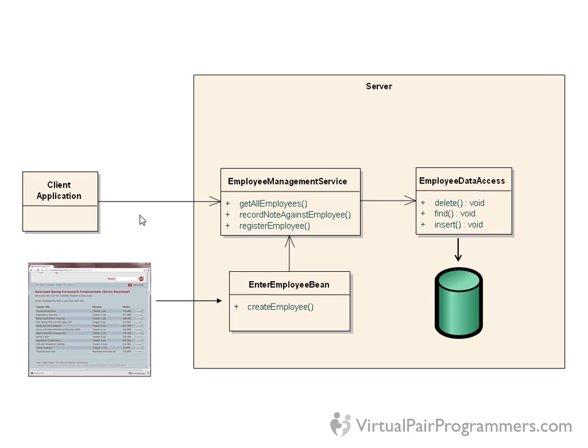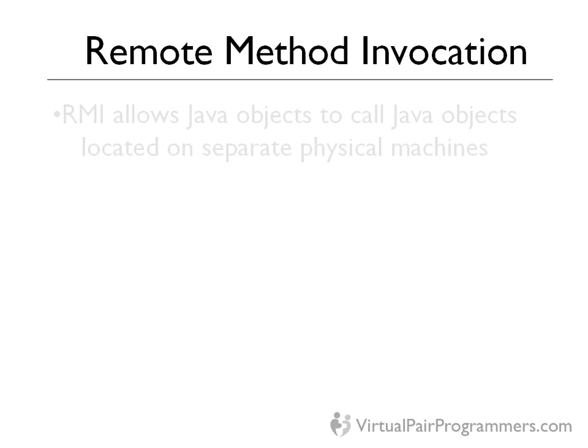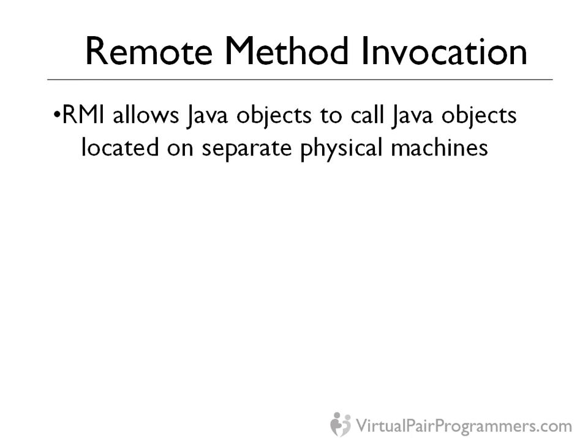And this has been a key feature of EJBs since their original inception. Remote method invocation is where a Java object on one machine is able to call a Java object on another machine. And by another machine, I really mean separate physical machines.